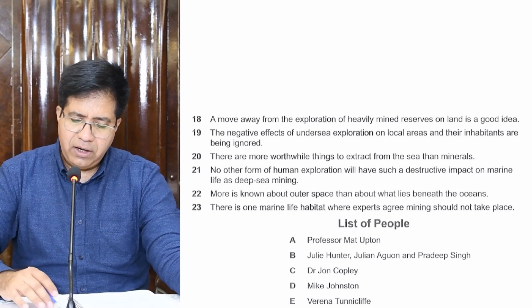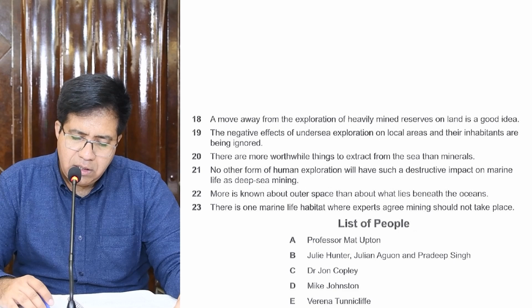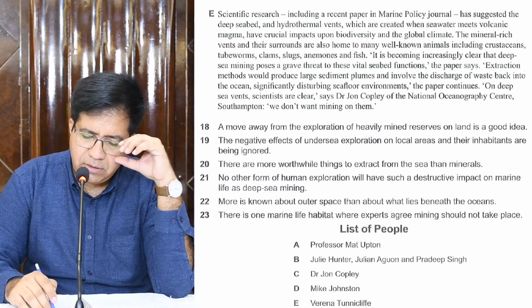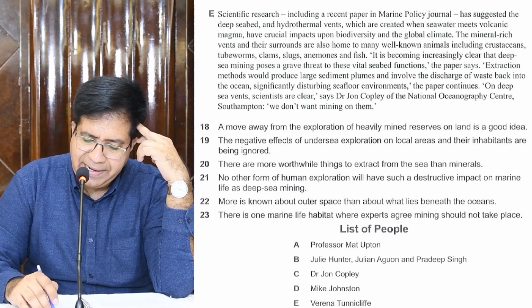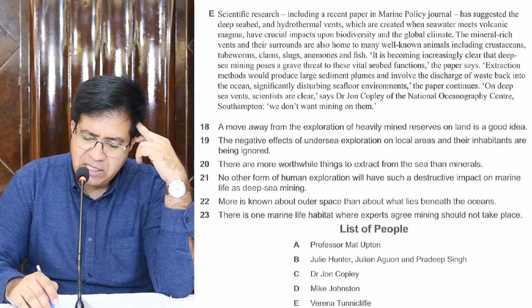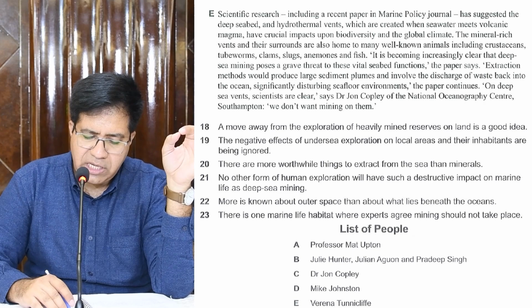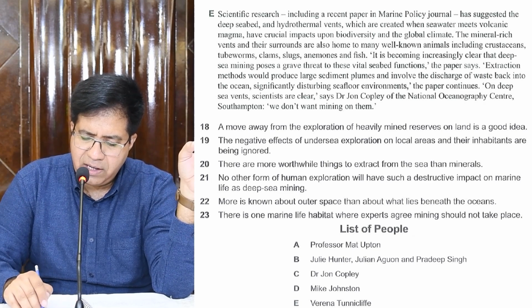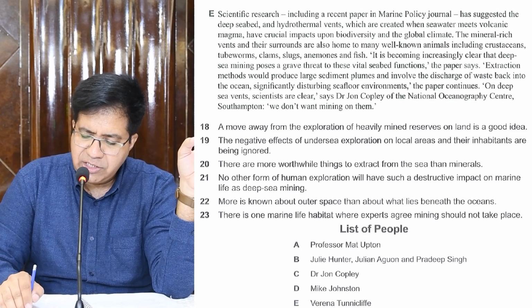Paragraph E. All right, let's read it. Okay, John Copley. Yeah, we've got his statement in the end. I'm reading paragraph E, third last line. The ocean significantly disturbing seafloor environments. The paper continues.